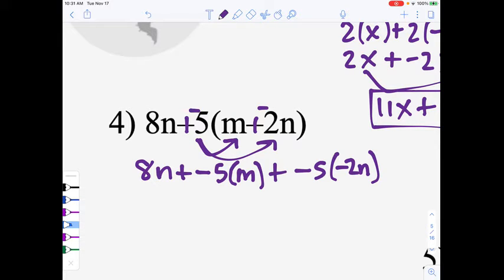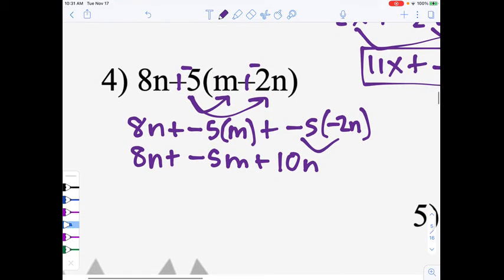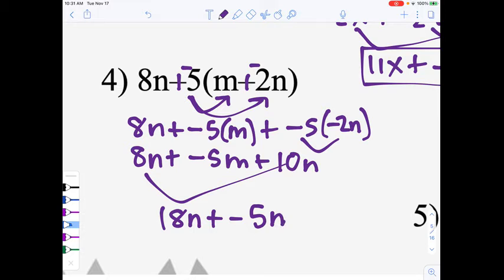Then I can simplify. 8n plus negative 5 times m would be negative 5m plus negative 5 times negative 2n would be positive 10n. Now I can combine like terms. 8n plus 10n is 18n plus negative 5m. Even though they're both variables, they're different variables, so we cannot combine.